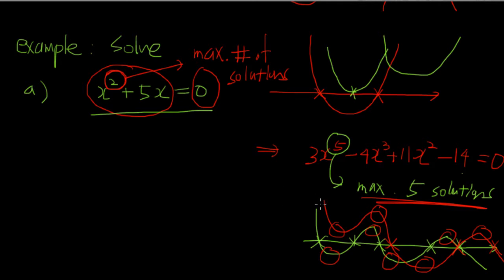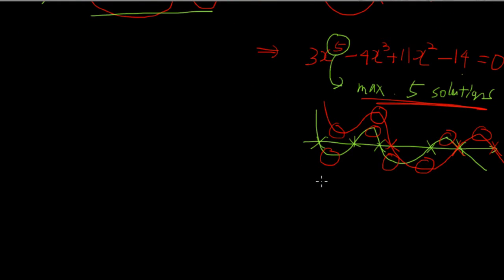So, if we go a little bit further on that, say we have x to the cube, let's say 2x to the cube minus 4x squared plus 5 equals 0, something like that. Third degree, possibly 3 solutions. How many turns? 2 turns, right? 1 and 2 turns.